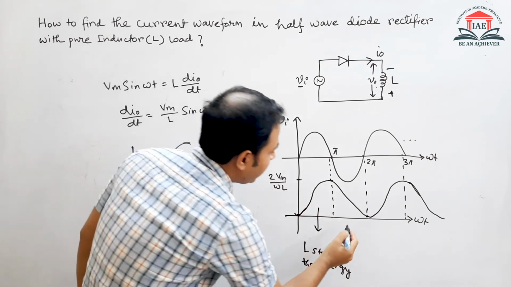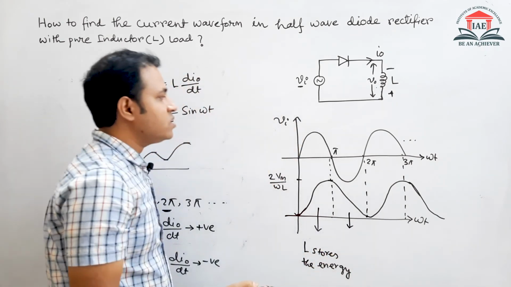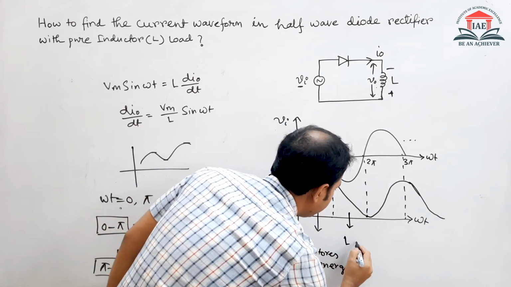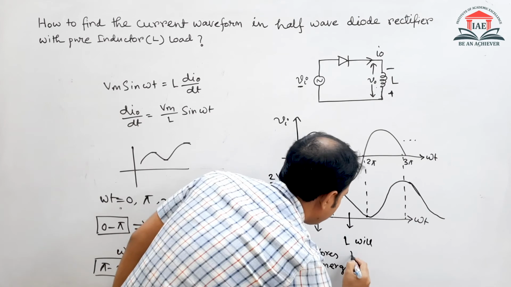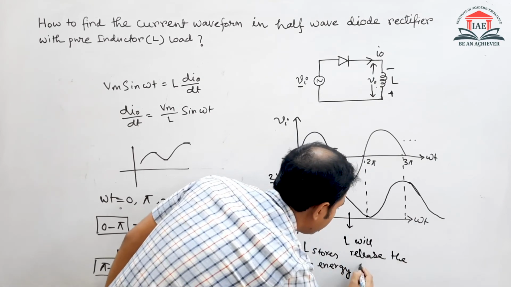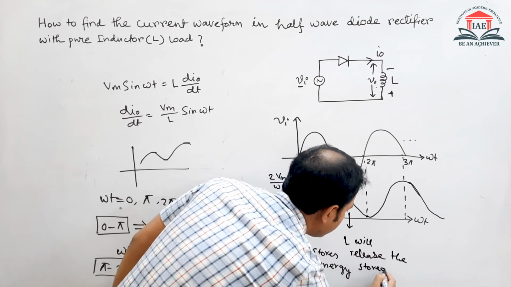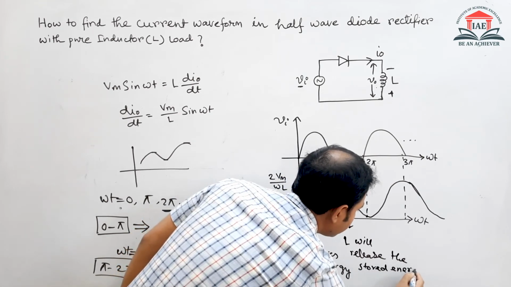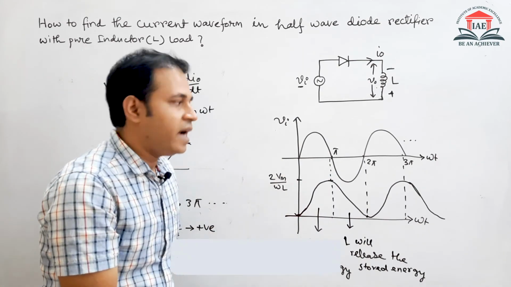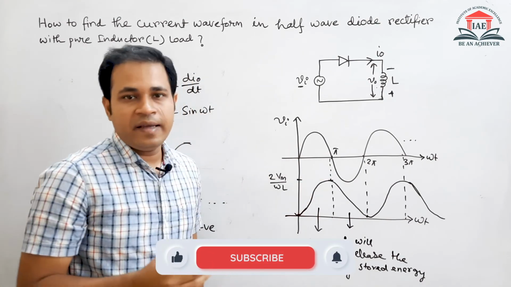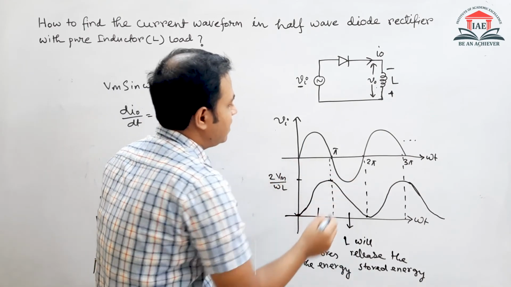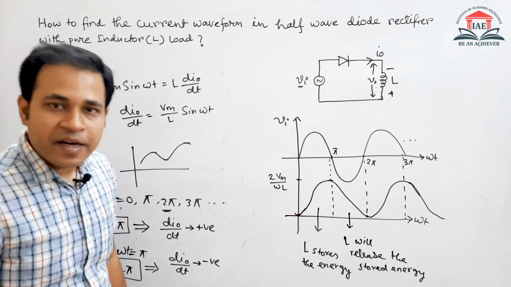Now here, the inductor will act as a source and L will release the stored energy. So this way, the inductor stores the energy and the inductor releases the energy. And if it is so, the inductor voltage will be like this, and the average voltage across the inductor will be 0.